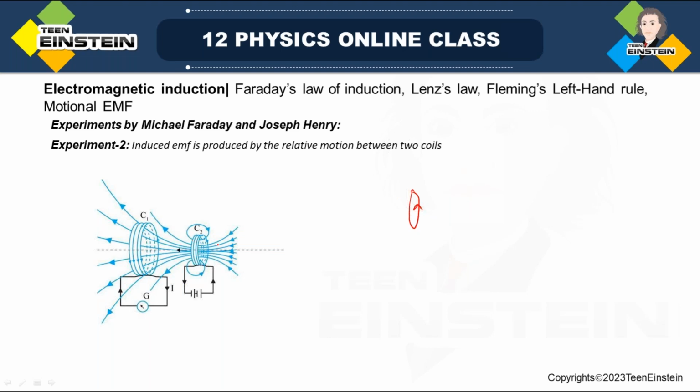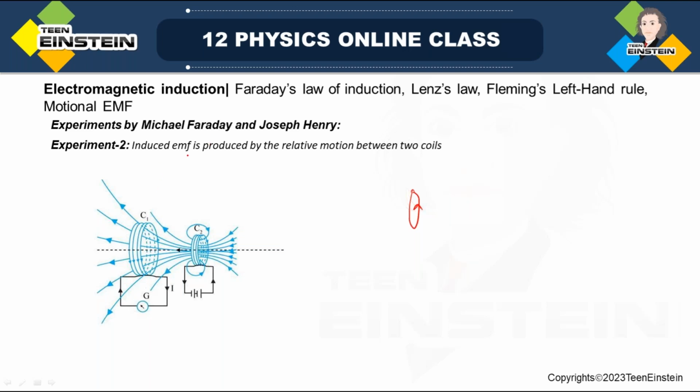Now if C2 is moved towards and away, then there is a current flow in the coil C1. If C2 is held fixed and C1 is moved away and towards the C2 coil, then the same thing is seen. Same thing in the sense there is a flow of current, but there is a change in the direction of the current. So that was the second observation.